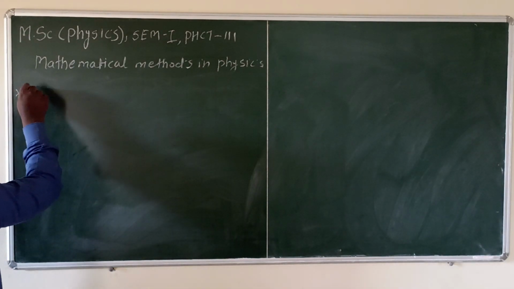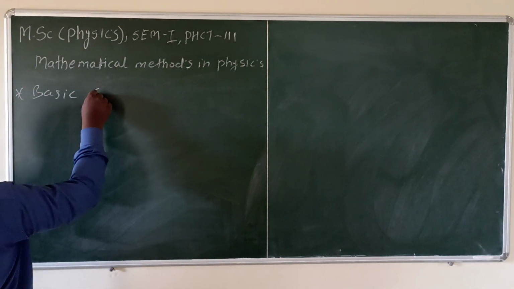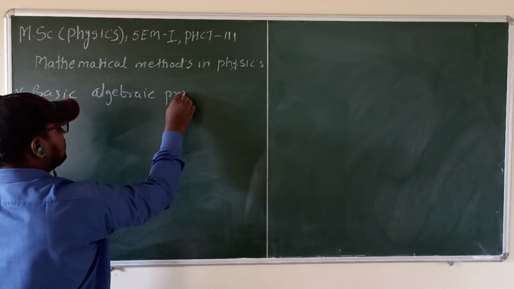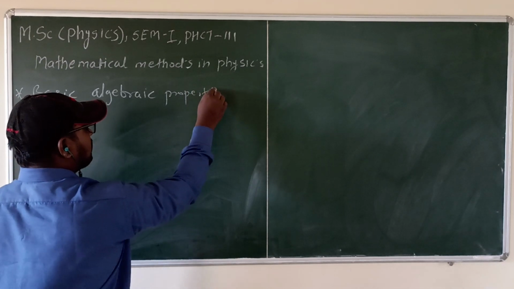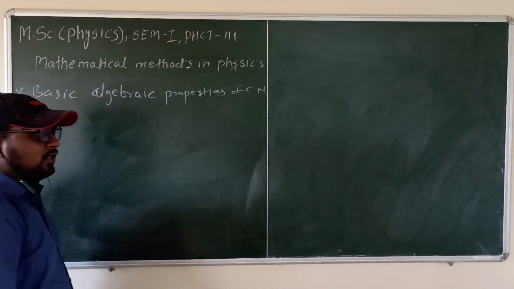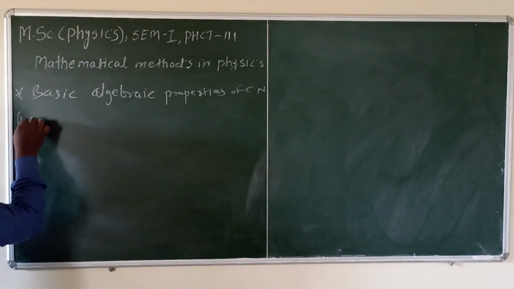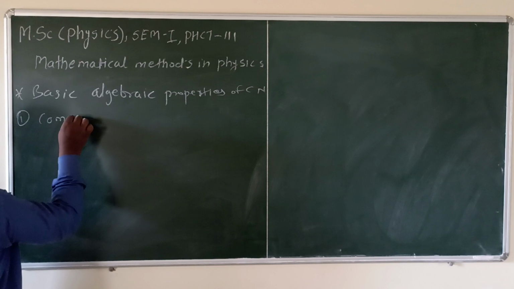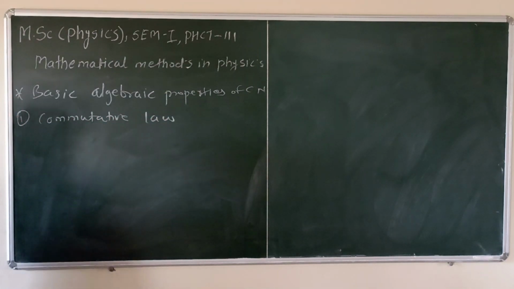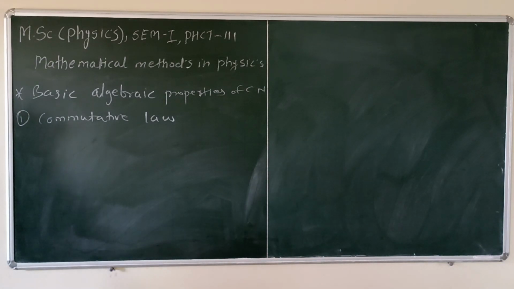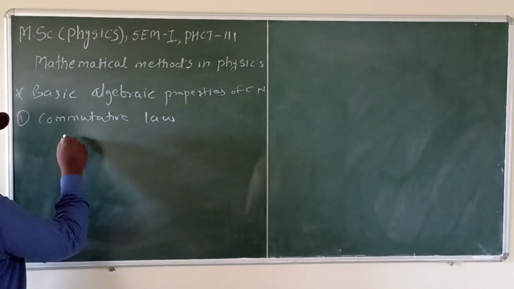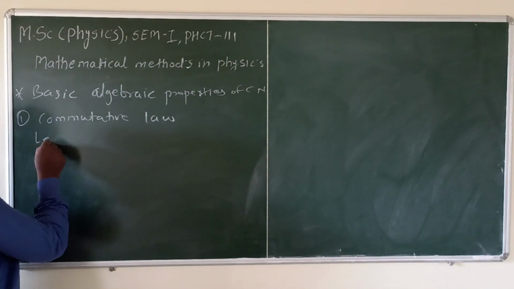Right? So next point is basic algebraic properties of complex number. So first property is commutative law. In algebra there is a commutative law, and the same law is used in complex numbers.